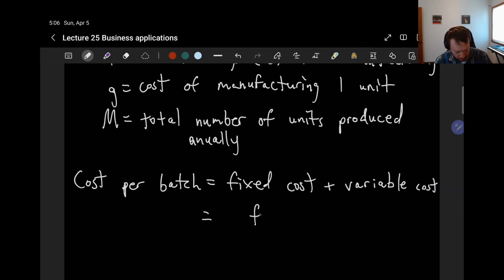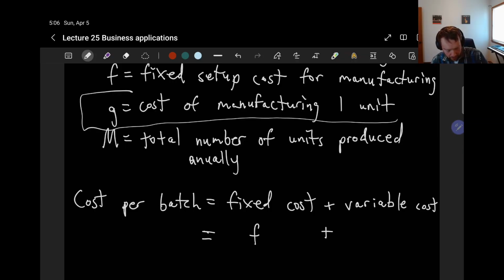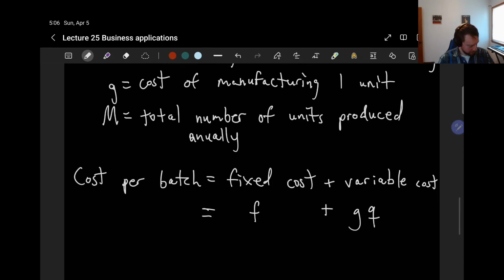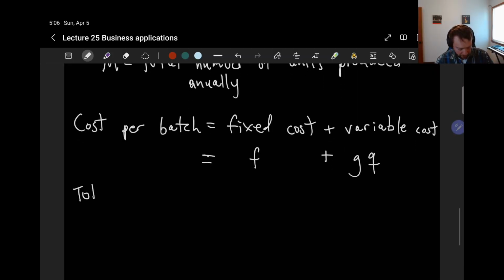Okay, so the fixed cost is just the letter F we mentioned above. And the variable cost, well, we know G is the cost of manufacturing 1 unit. So that's certainly involved. But then you multiply that by the number of units you have in a batch, which will be Q. And now that leads us to the total manufacturing cost.